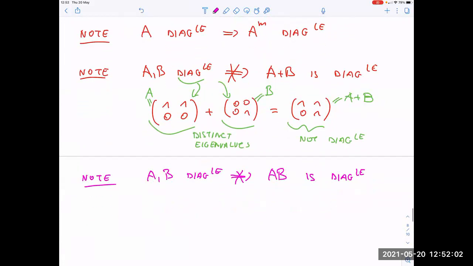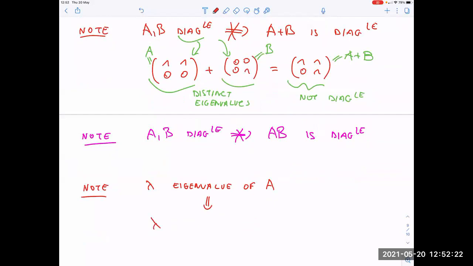And Sofia Carnauck has a question about the eigenvalues of the square. What is true is that if lambda is an eigenvalue of A, then lambda squared, or if you want lambda to the m, is an eigenvalue of A to the power m.